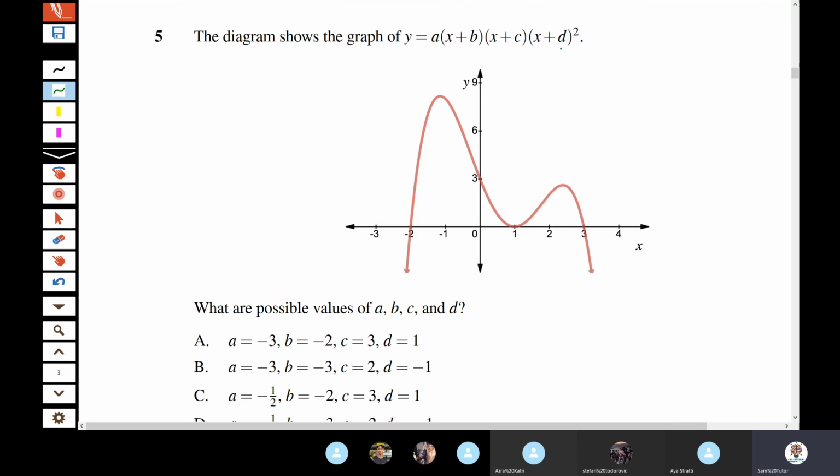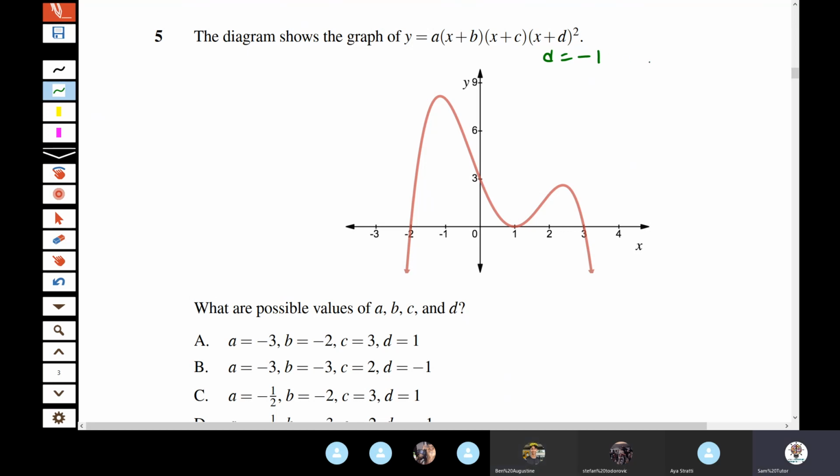I think we can definitely do d straight away, and c and b. So what would d equal? -1, right? Why do you say that? Because when you solve it, you get 1.